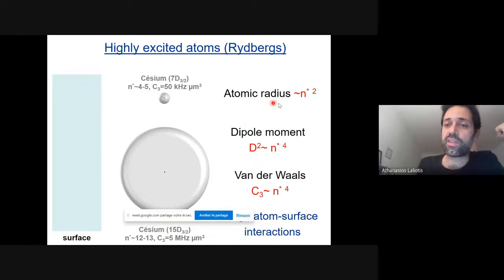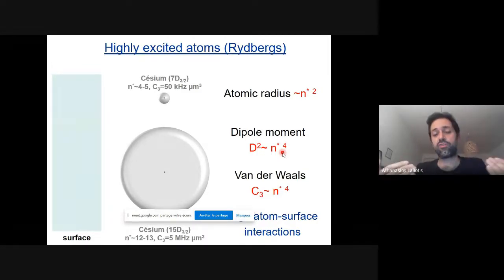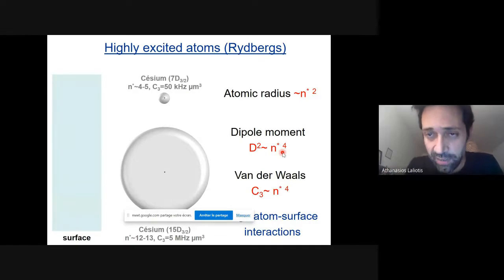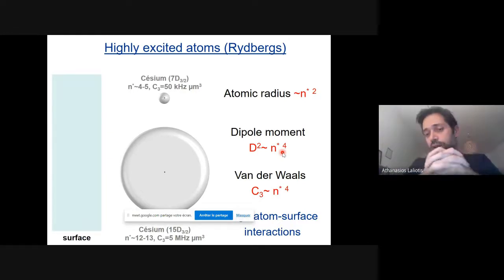So when you increase the size as n squared, you increase the dipole moment as well, and the dipole moment squared as a function of n to the fourth. And this, of course, means that the C3 coefficient is increased as n to the fourth, and this essentially gives you a strong scaling with n. As you go towards Rydberg atoms, you start having huge interactions with the surface, and this is an interesting regime that we want to explore.